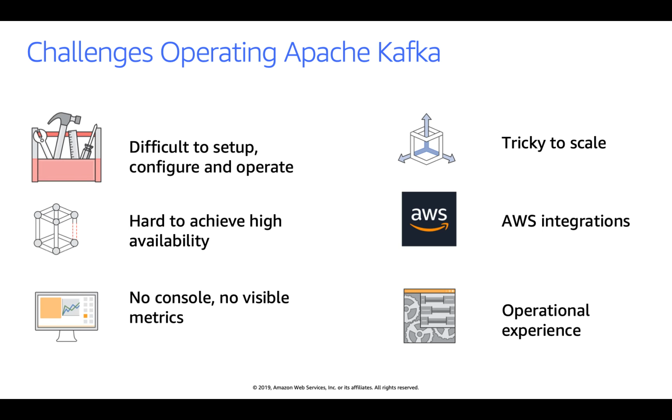And if you do it yourself, it's also kind of questionable how you will integrate this with the remaining AWS services. So there are larger operational challenges than most people assume when they start working with Kafka. And we were thinking about what we can do for you. So the question is, how can you run Apache Kafka on AWS?